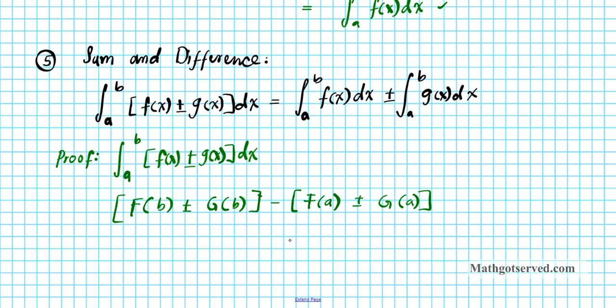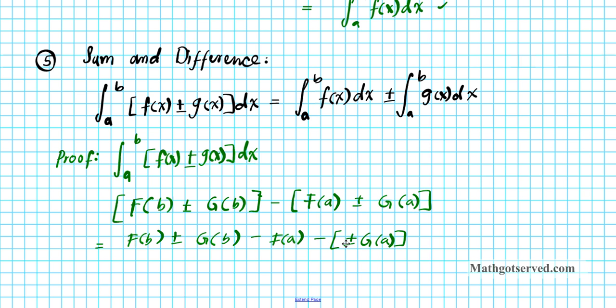All right, let's go ahead and simplify this. So we're going to have the antiderivative of f at b plus or minus the antiderivative of g at b, minus the antiderivative of f at a. Distribute this minus to this other term right here, minus plus or minus the antiderivative of g at a.